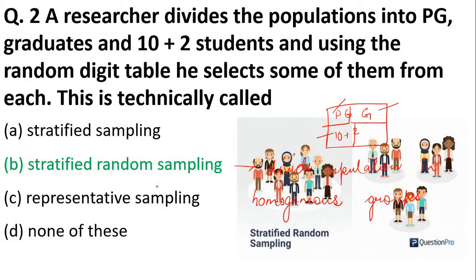I know it is covered by my writing, but it is something like this: see, these are different populations and they have been divided. These are men, these are women and these are children. The population has been divided into homogeneous groups.